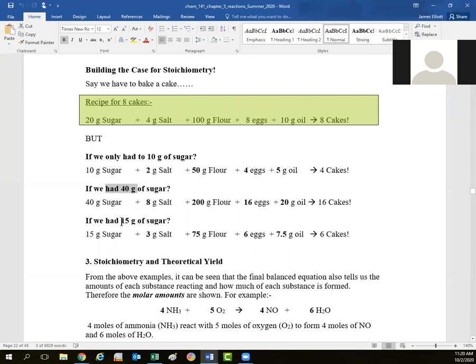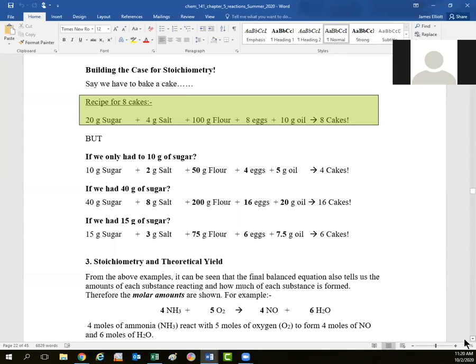So if we've got 75% of the sugar, 15 grams instead of 20, we could use 75% of the salt, flour, eggs, oil, and make 75% of the cupcakes, 6 instead of the original 8. We can work out any manner of proportions, greater or smaller, as long as we have a plentiful supply of all the other chemicals or materials being used.